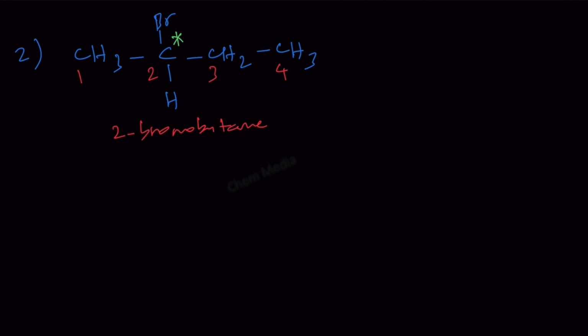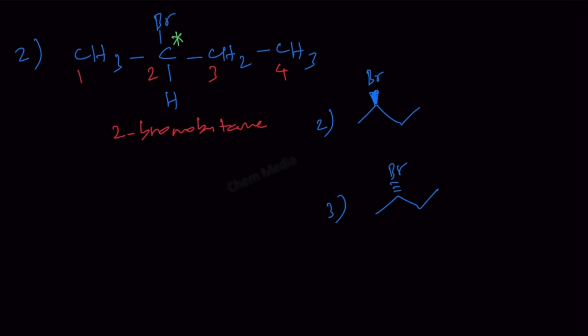In terms of constitutional isomers, you can say it is 1 isomer, but because it has an asymmetric carbon, in terms of stereoisomers, we have 2 isomers. So, let us write both the isomers. One we can write this way, 1, 2, 3, 4, let us say bromine is towards us, and then another isomer that we can write is this one, 1, 2, 3, 4, let us say bromine is away from us.